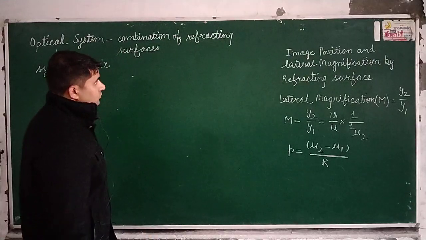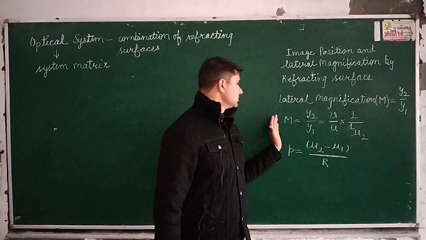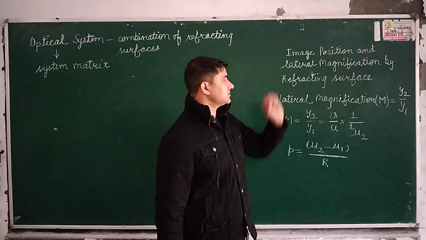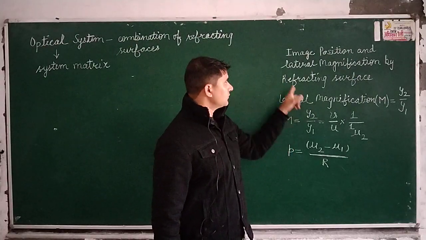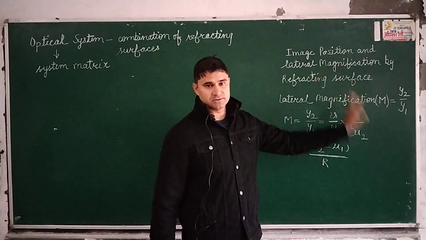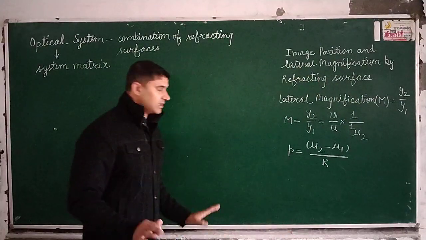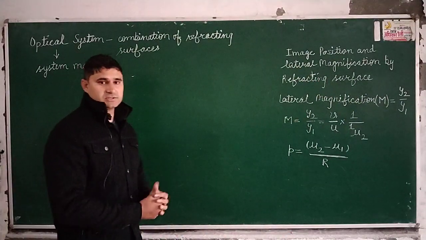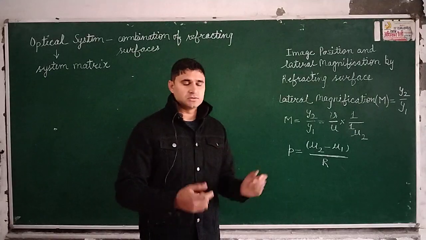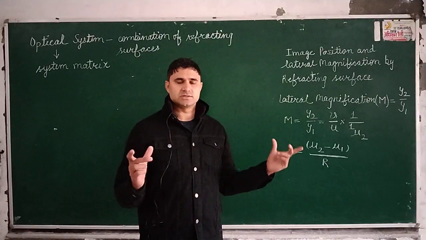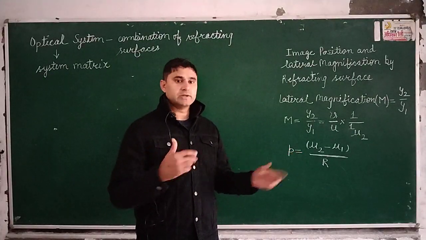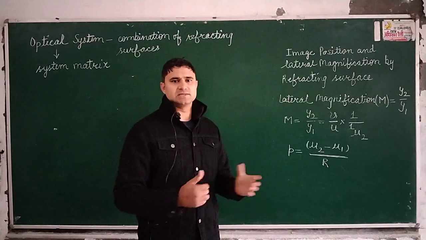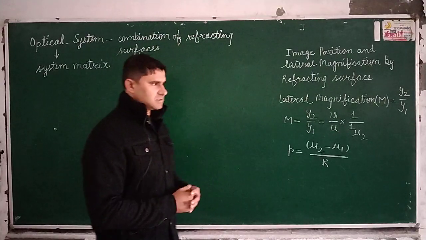So now we have discussed the lateral magnification and image position in the case of a single refracting surface. Now we are to discuss what will happen if we have more than one surface. Generally, when we deal with an optical system, we have more than one refracting surface, or a combination of refracting surfaces.